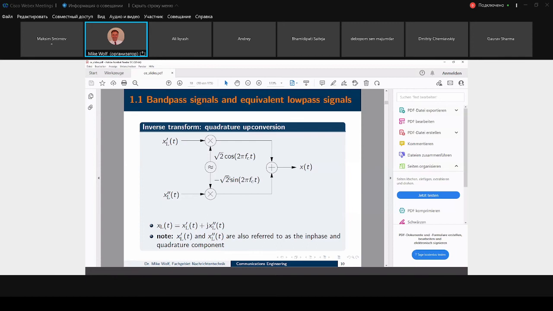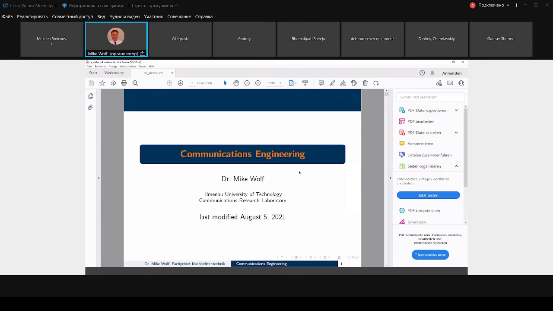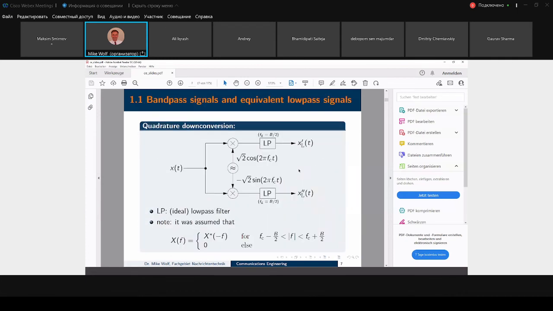This is quadrature down conversion. Then we receive an RF signal. I just show it here, and in the next lecture, you will see why this works. So we receive a bandpass signal in practice. Again, we multiply with these quadrature carriers, but we do this for a down conversion.